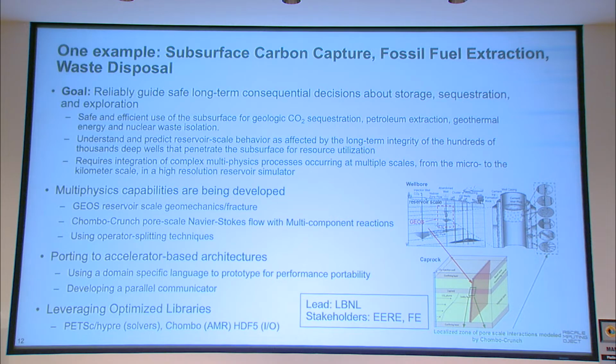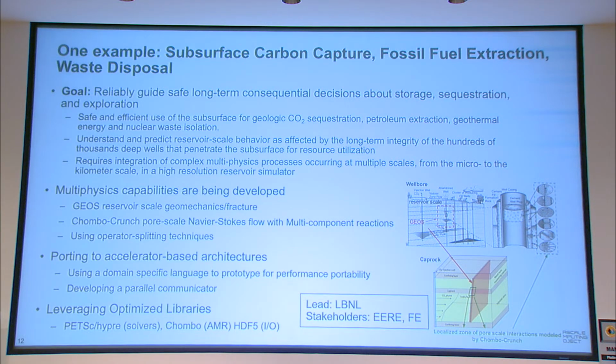And so what this application is doing is it's taking a large-scale reservoir simulation model called Chombo Crunch, which is based on the Chombo adaptive mesh refinement libraries developed at Lawrence Berkeley National Lab. That does Navier-Stokes type flow, Darcy type flow. It's got multi-component reactions that are incorporated into that application.